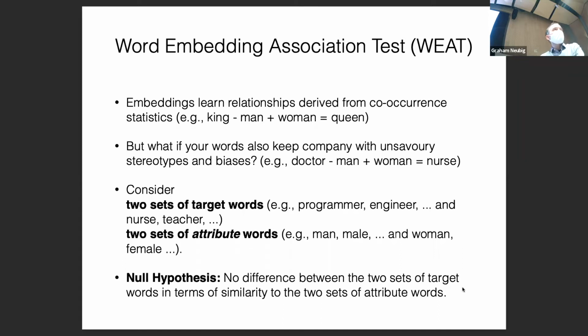One very famous example of this is king minus man plus woman equals queen. King and queen, man and woman are words that are by definition gendered, right? The definition of a king is a male ruler of a monarchy, and a queen is a female ruler of a monarchy.